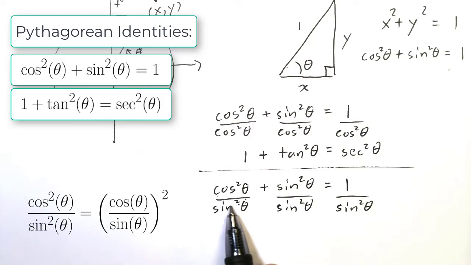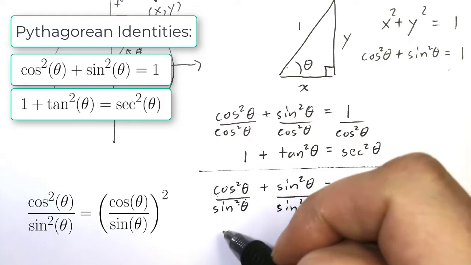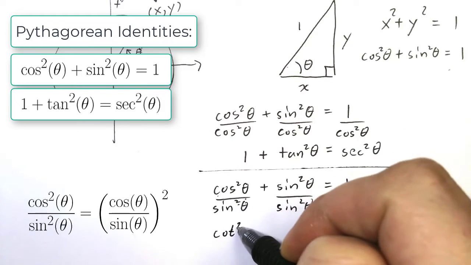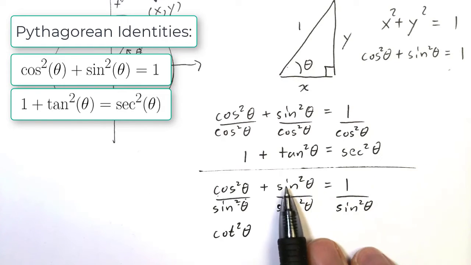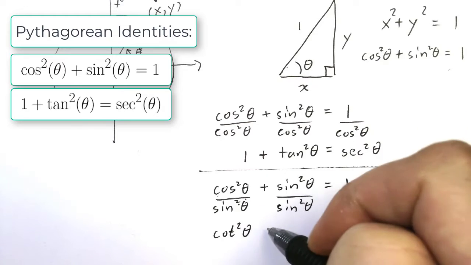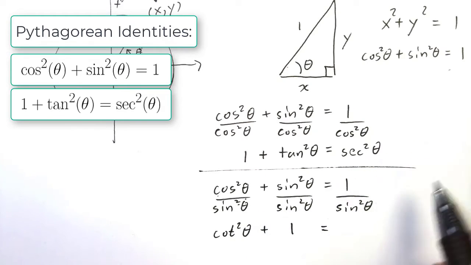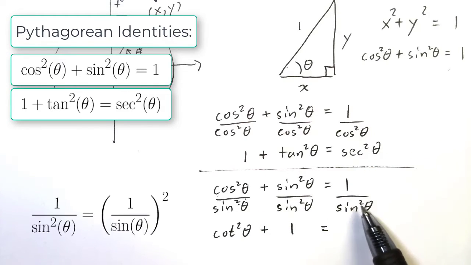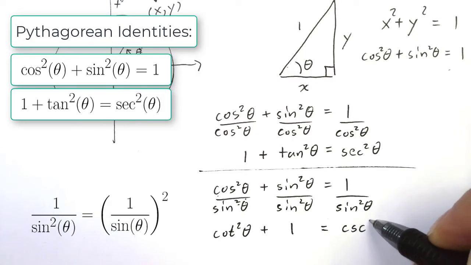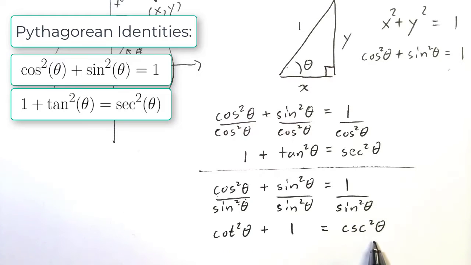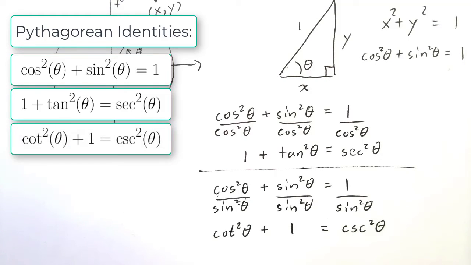Cosine theta divided by sine theta is cotangent theta, so this is cotangent squared theta. This is the same thing divided by itself, so this is 1. And 1 over sine squared theta is 1 over sine theta quantity squared, so this is cosecant squared theta, our third and last trigonometric identity.